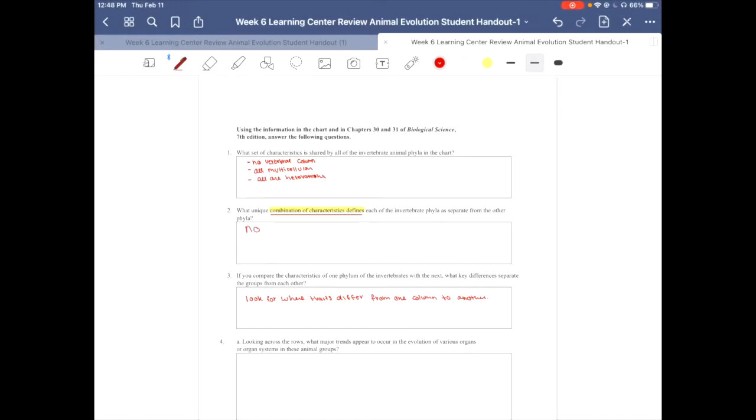So yeah, I'm going to write down: no single characteristic defines each phyla.